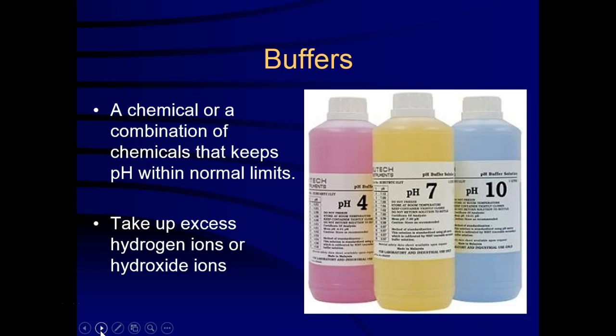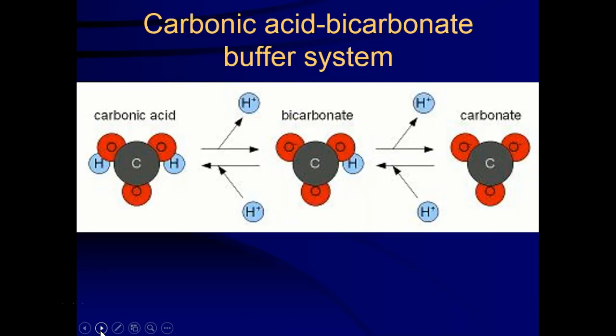In fact, our most common buffer system in our blood is the carbonic acid bicarbonate system. It has carbonic acid, which is an acid, and it also has bicarbonate, which is a base.